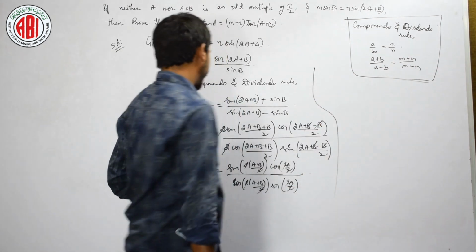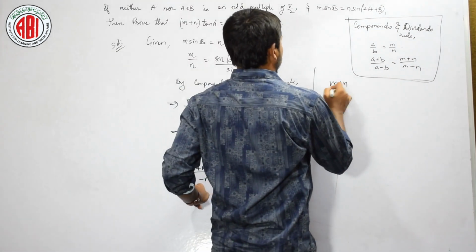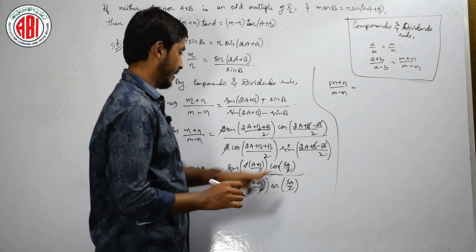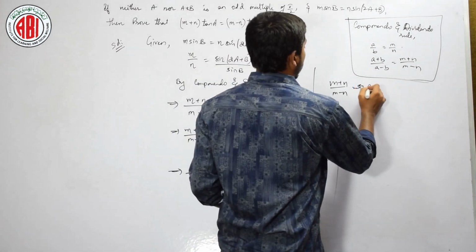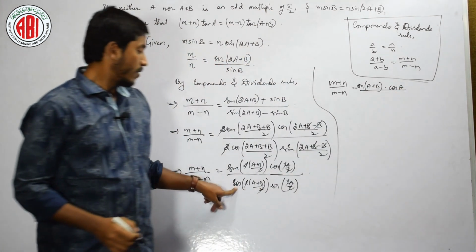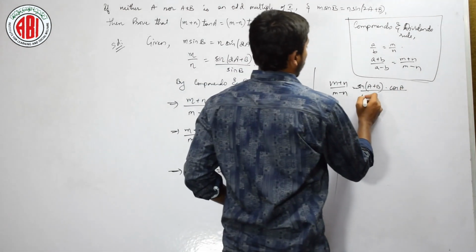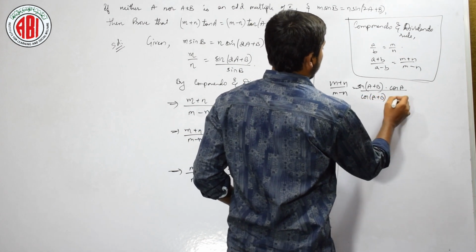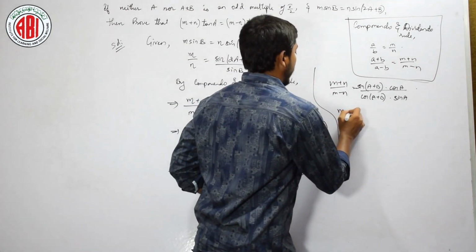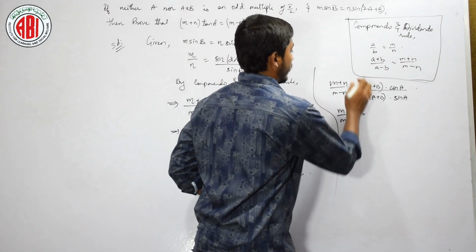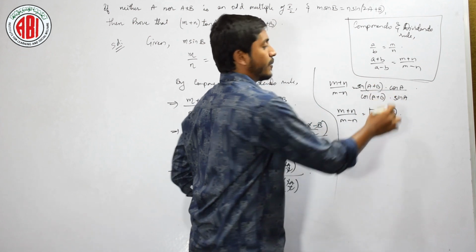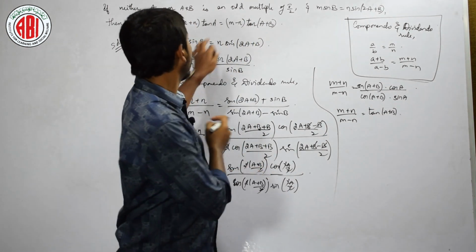Therefore, we will get it as m plus n by m minus n equal to sin of a plus b into cos a divided by cos of a plus b into sin a, right? Now check, sin by cos is tan, here cos by sin is cot, but in the question do we have cot?